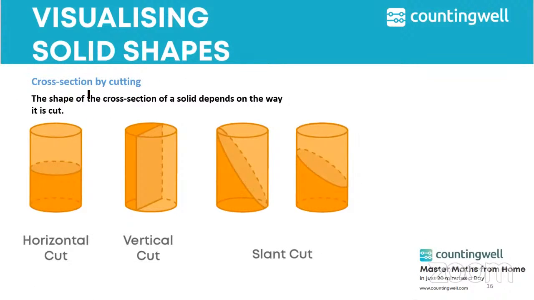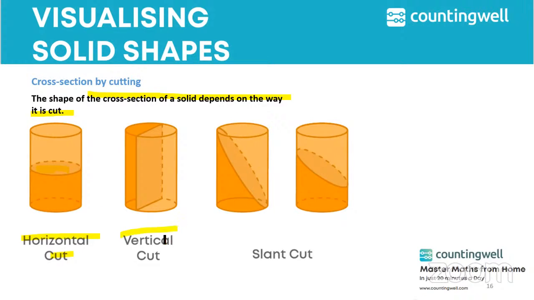The shape of the cross section of a solid depends only on the way it is cut. So if in the exam it is asked whether we can get a circular shape by cutting the cylinder, then it is yes. If you take the horizontal cut of the cylinder as shown here, then you will get the circular shape.